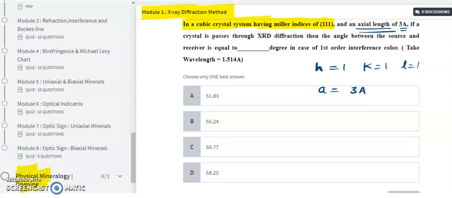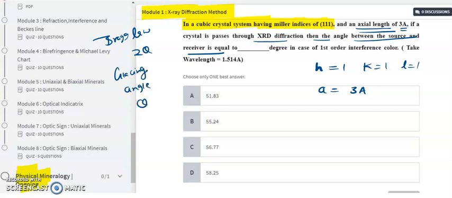If the crystal passes through the X-ray diffraction method, then the angle between the source and receiver, in case of Bragg's law, is known as 2 theta, and the glancing angle is our theta.